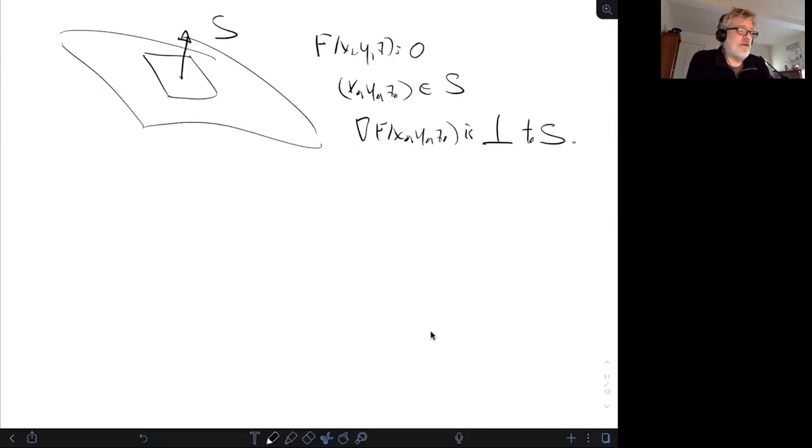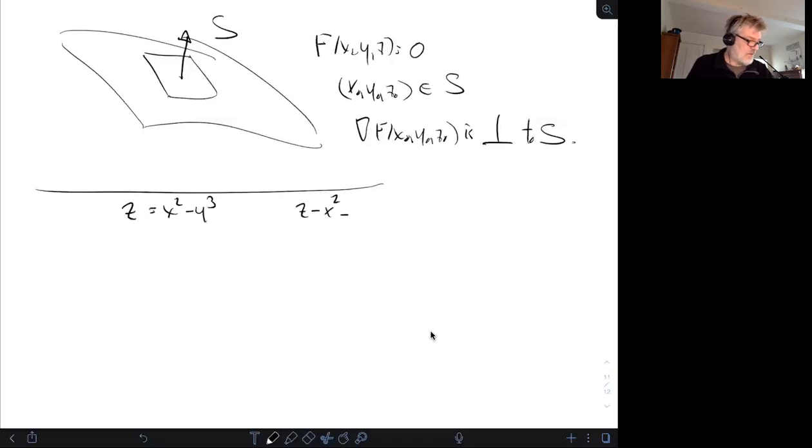You don't have the same surface that I do, but I've got z equals x squared minus y cubed. That's the same as z minus x squared plus y cubed equals 0, right? Call this f of x, y, z, okay?